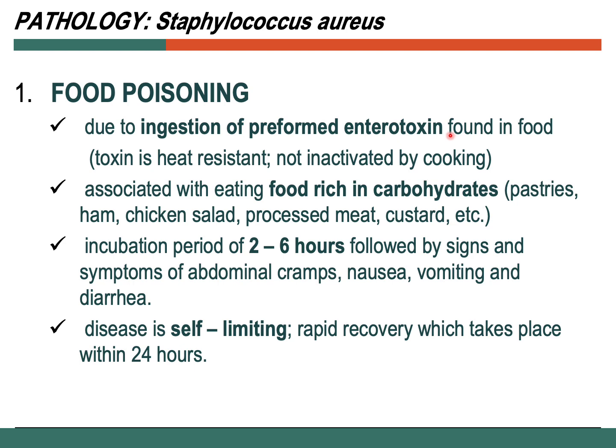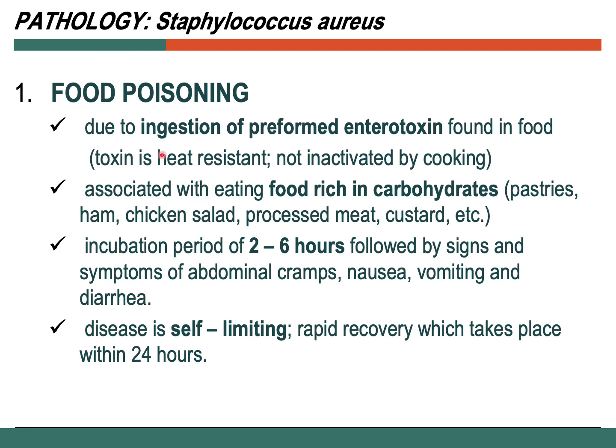So if ever the patient experiences food poisoning caused by Staphylococcus aureus, obviously you cannot culture the causative agent because it is only the toxin released by the organism. It's not the organism itself present in that particular disease.